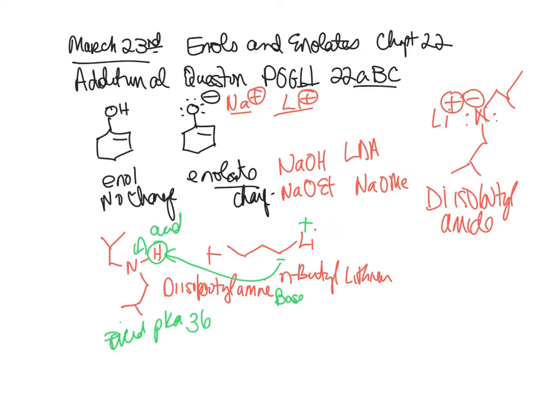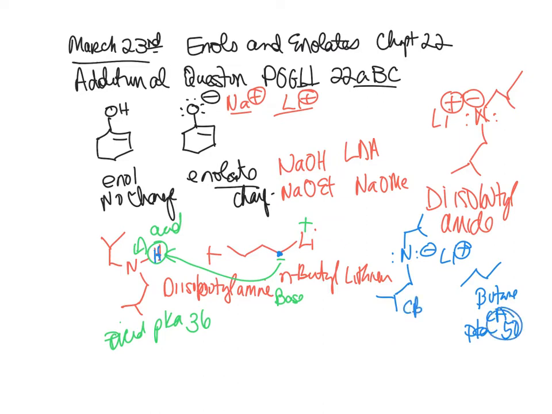And then the nitrogen gets deprotonated. Okay, so it gets deprotonated, and then this carbon picks up this hydrogen to make butane. So that's your conjugate acid, which is an alkane, pKa of 50. This is your conjugate base. So we're comparing 50 with 36. So which way does the electron flow arrow go? Towards the 50. Okay, so this is how you make LDA.